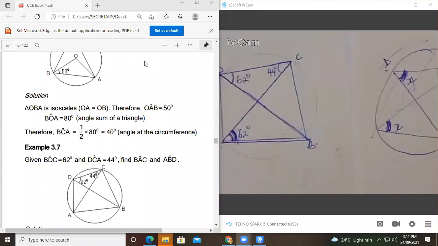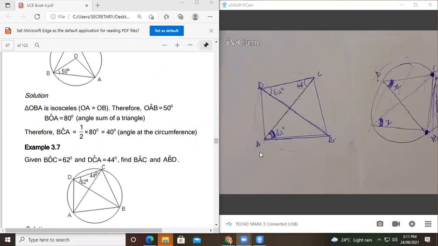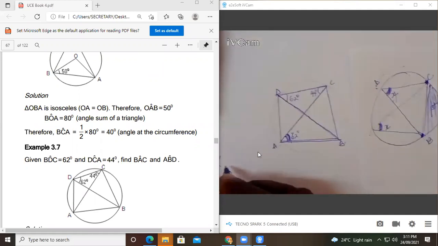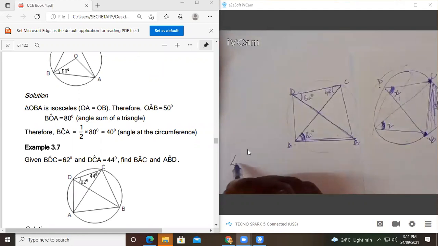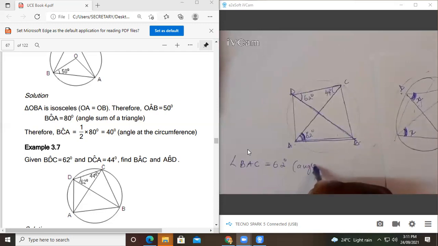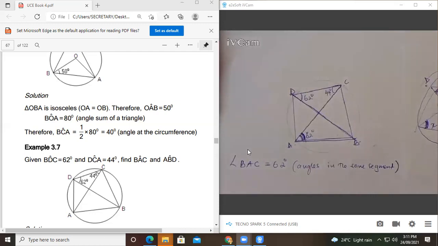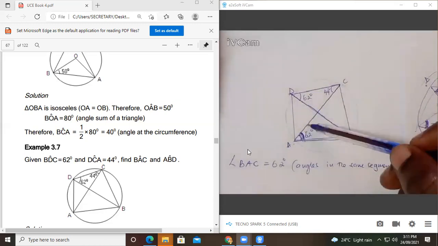Okay, so we can write: angle BAC equals 62 degrees. Then you say, angles in the same segment. So it is 62 degrees because it is in the same segment with this.